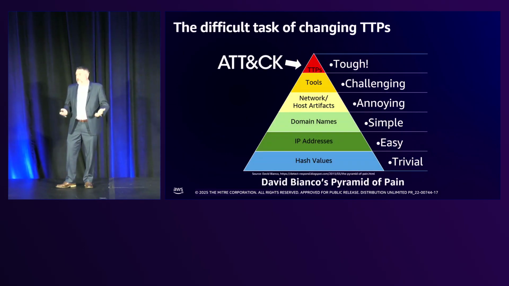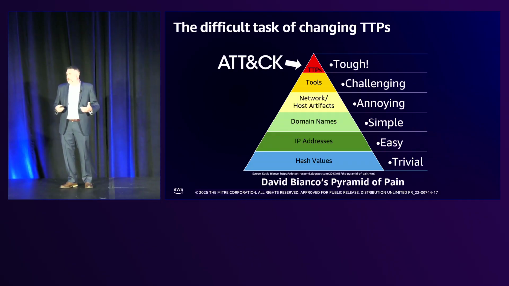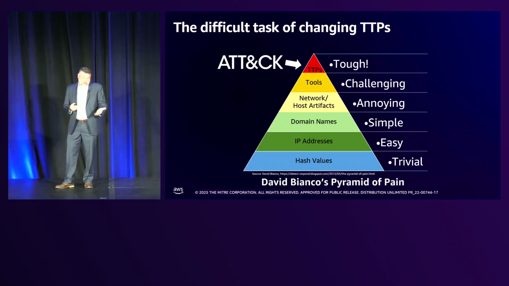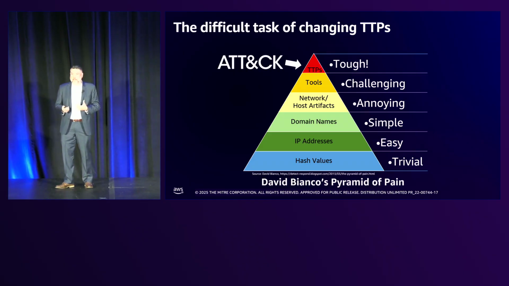So ATT&CK, it usually starts out with this why. Why would you want to go down creating a framework? Well, it's kind of interesting or simple. It really goes back to David Bianco's Pyramid of Pain.